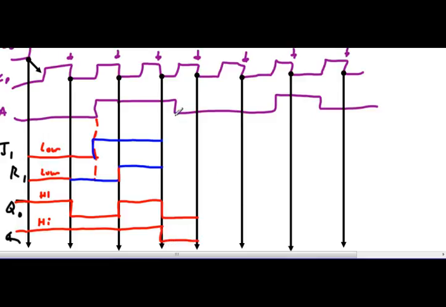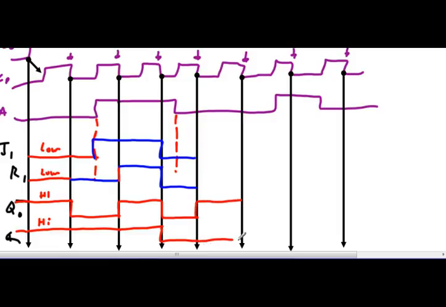Okay, now A went low. As soon as A goes low, both J1 and K1 have to go low again. Okay, toggle happens. Q0 goes high.